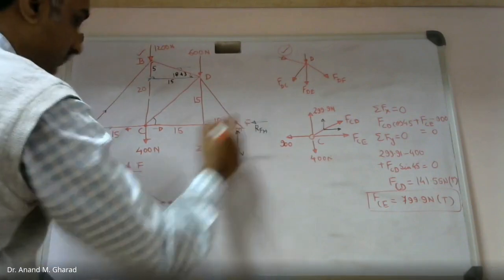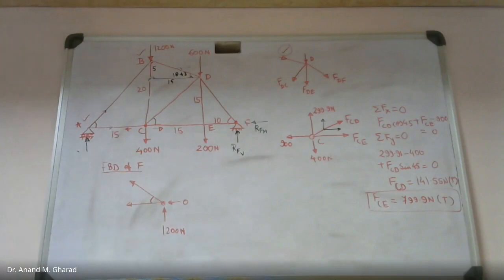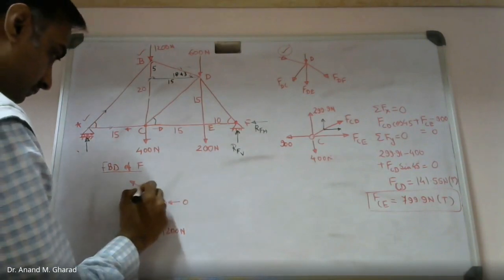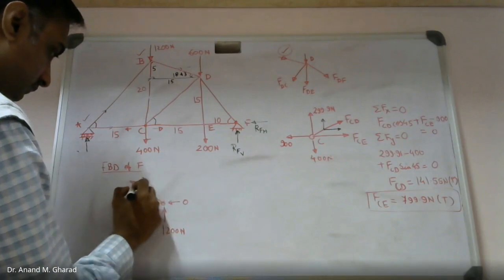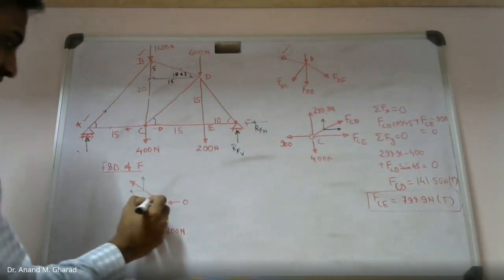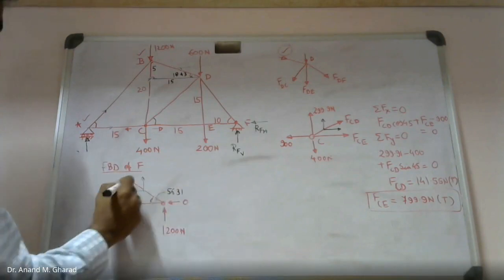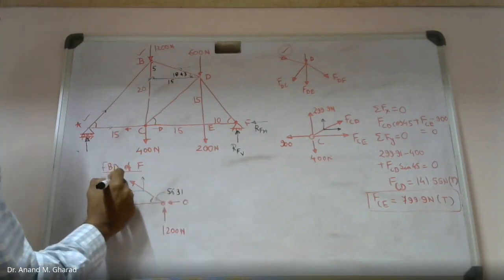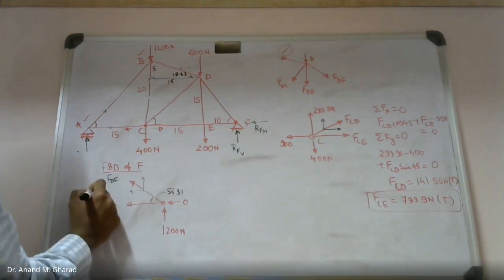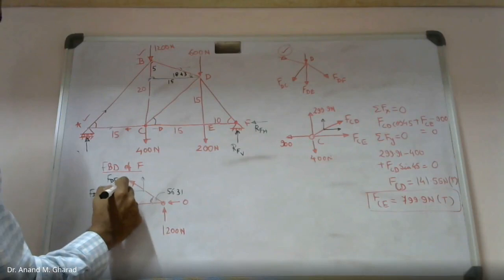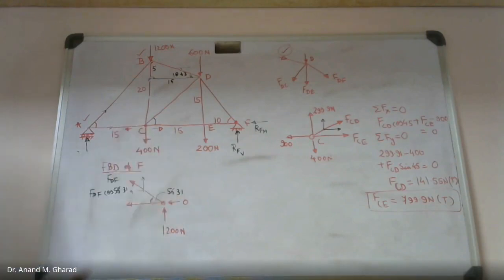What will be this angle? Please tell me. Is it 56.31? Yes, sir. Okay, so this will be FDF, FDF cos 56.31, and this is sine component.